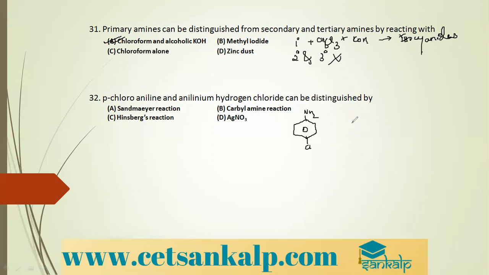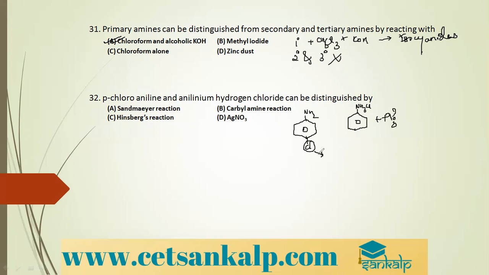Anilinium hydrogen chloride, NH3Cl, is nothing but a salt, and parachloroaniline is just an organic compound. So anilinium hydrogen chloride produces chloride ion and gives white precipitate with AgNO3. It is having chloride.